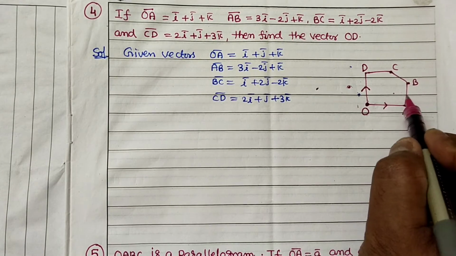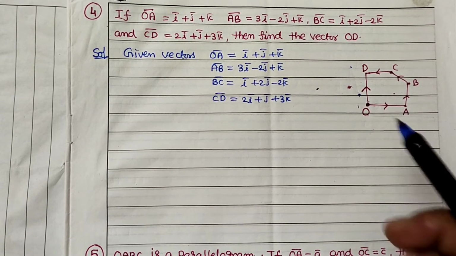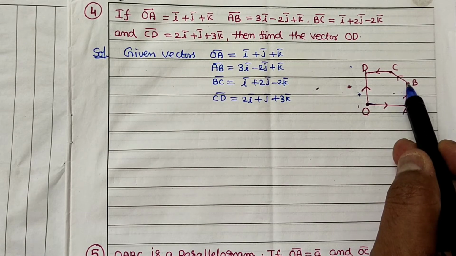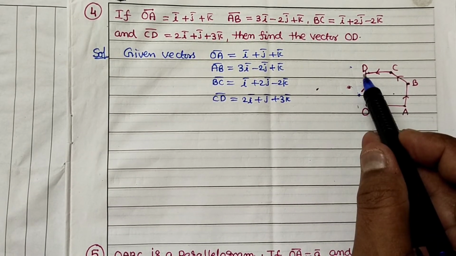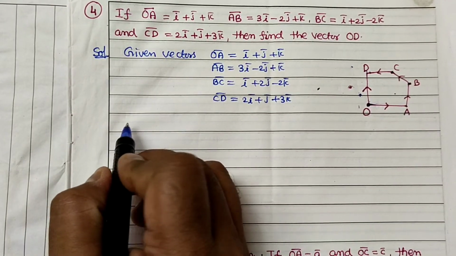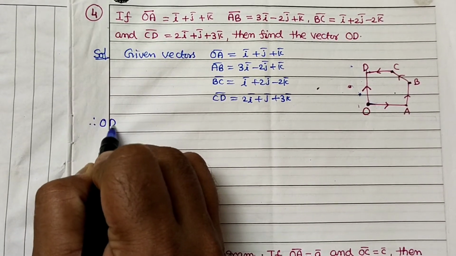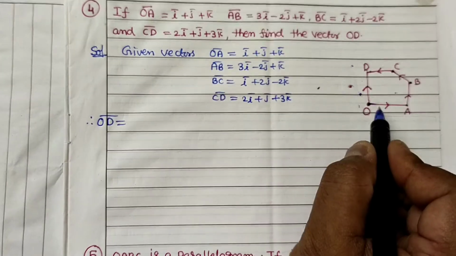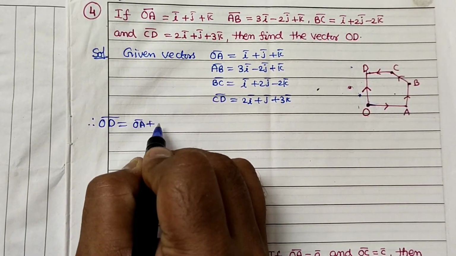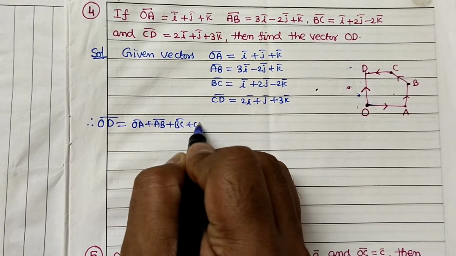If we want to calculate OD value, if we add OA plus AB plus BC plus CD, then we will get OD only. So therefore, OD bar equal to, by observing the figure, OA plus AB plus BC plus CD.